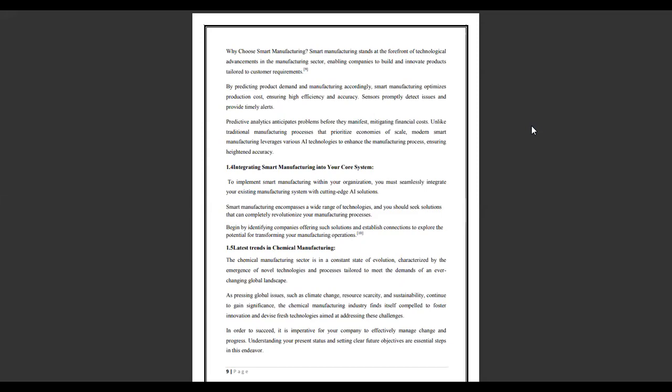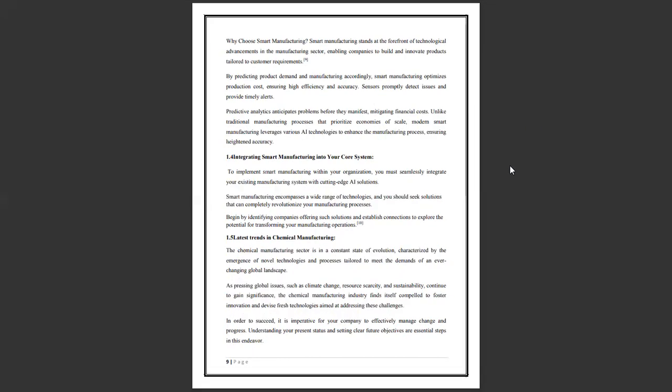Smart manufacturing encompasses a wide range of technologies. You should seek solutions that can completely revolutionize your manufacturing processes. Begin by identifying companies offering such solutions and establish connections to explore the potential for transferring your manufacturing operations.